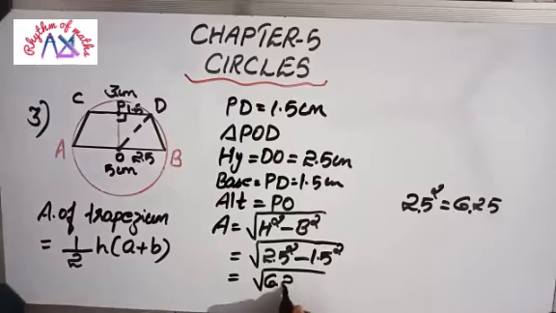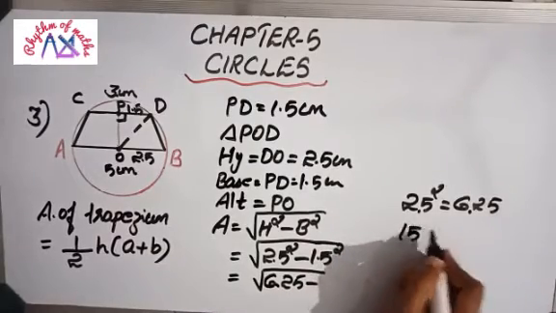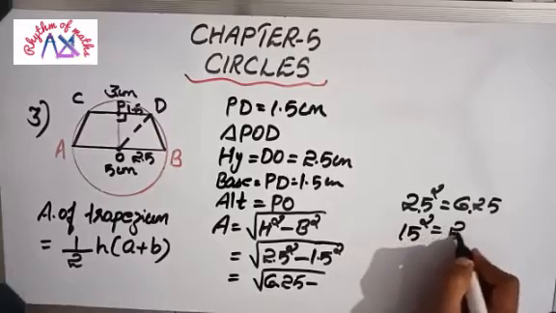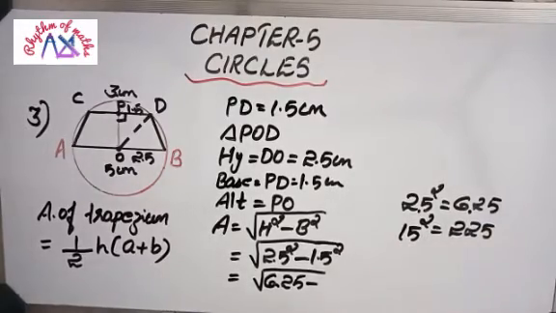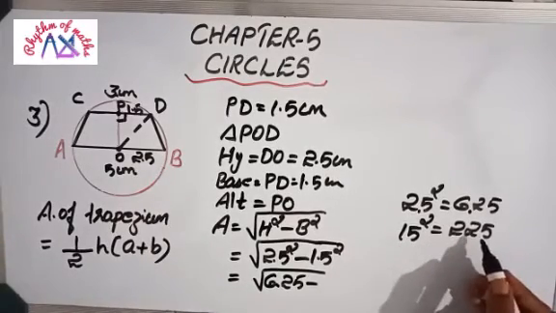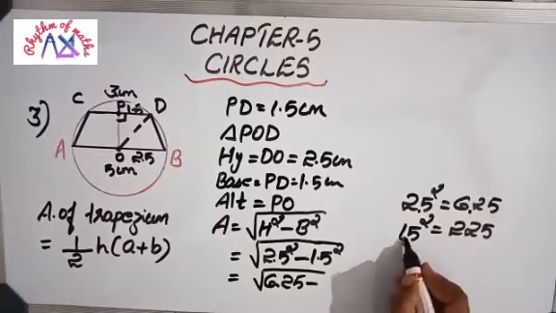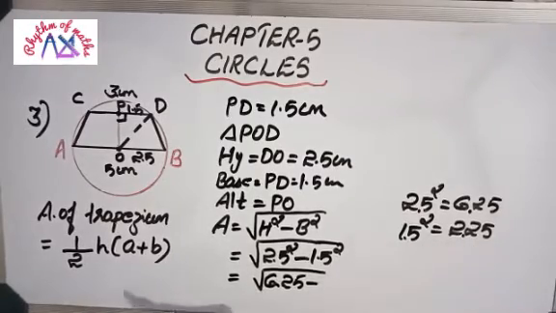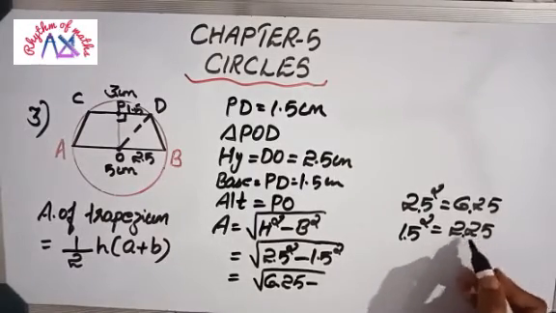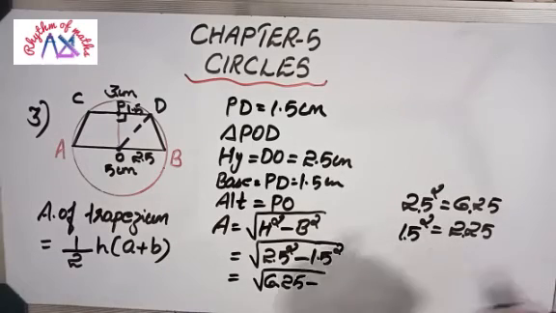So 6.25 is the answer. Now 1.5 square. 15 square is 225. All this you have to learn by heart, at least squares up to 30. So 15 square equals 225, and 1.5 square will be 2.25, with two numbers after the point.